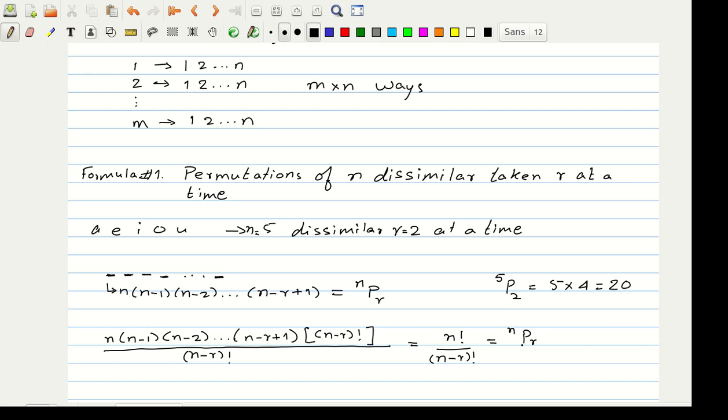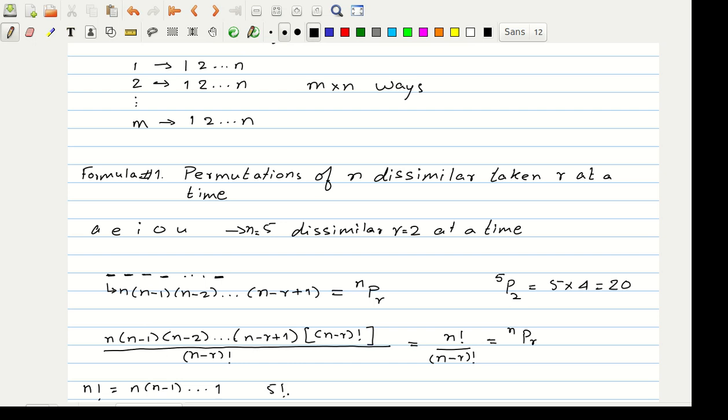And what is the definition of n factorial? I think we all know what n factorial is. For any whole number, n factorial is nothing but n times n minus 1 all the way up to 1.